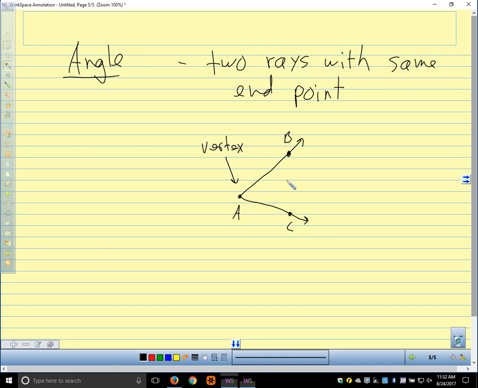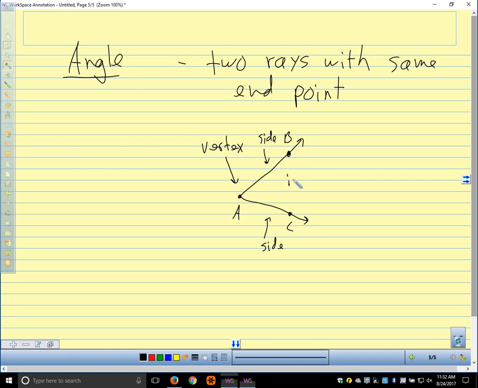This part in here, oh, and one other thing, what do we call the rays as part of the angle? Did anybody get that? The rays are the sides. So we call the rays the sides of the angles.